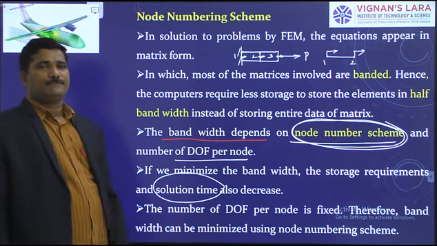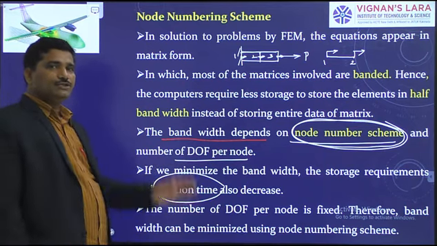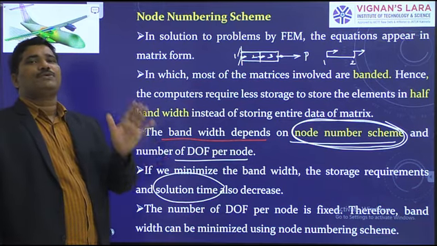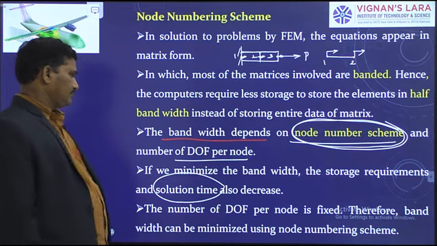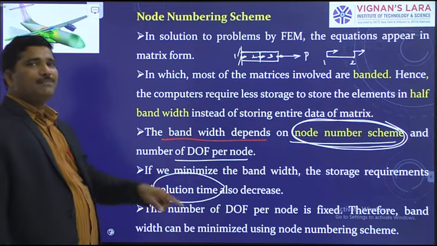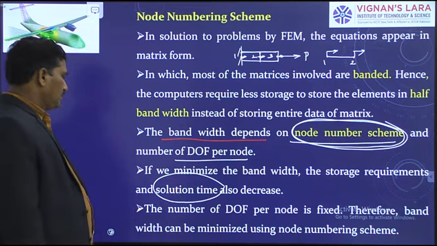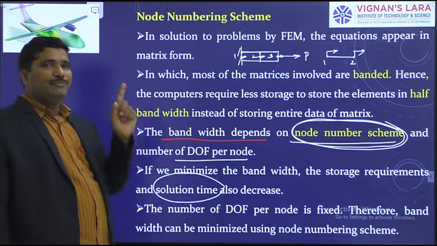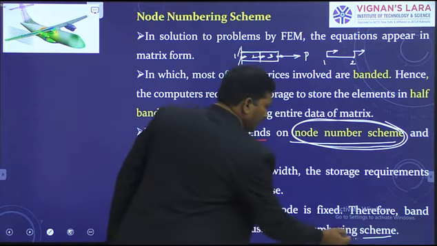Understand? When the bandwidth decreases, the storage requirements of the computer also decrease. The solution time also decreases. Because the number of degrees of freedom at each node is fixed, the bandwidth can be minimized using the node numbering scheme.